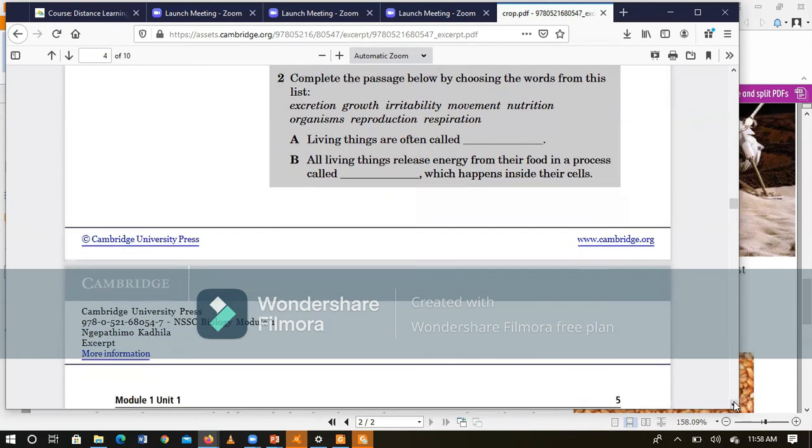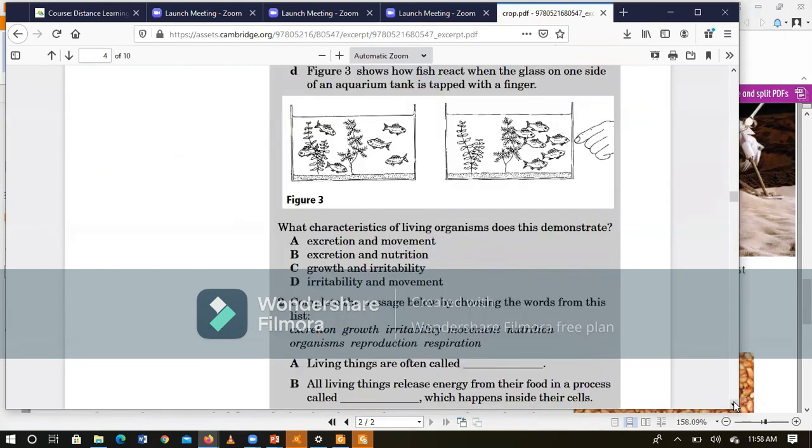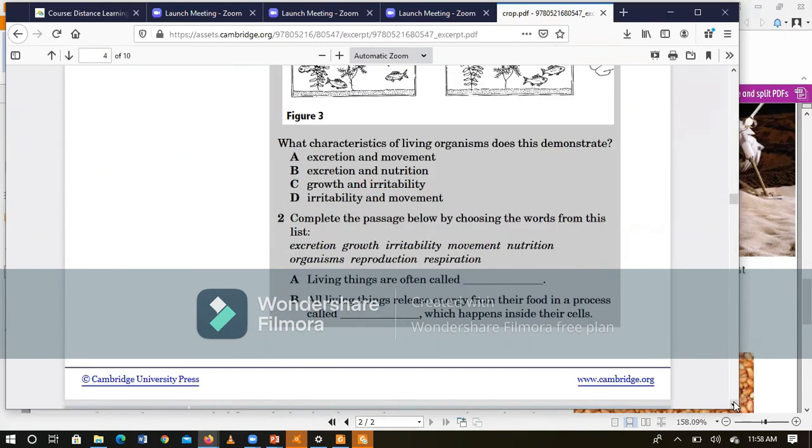And then we're continuing. Part C. Some of the energy is used for growth. Yes, you can use the energy for growth. What else? There are many processes that need energy.